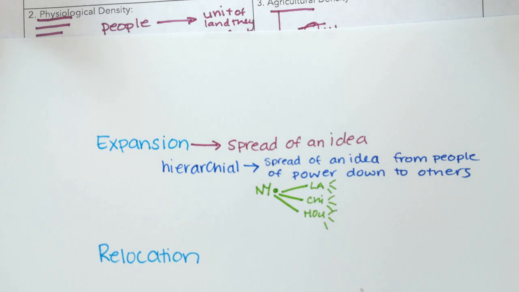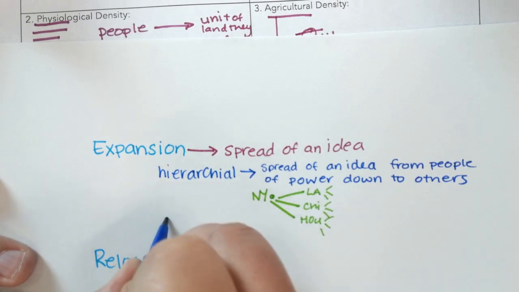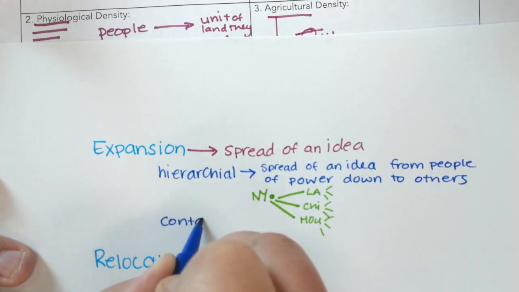The next type of diffusion that falls under expansion is contagious diffusion.